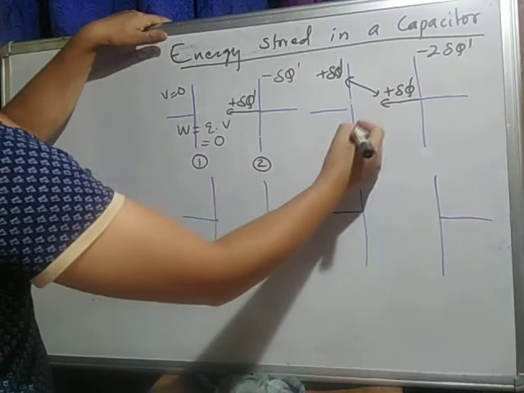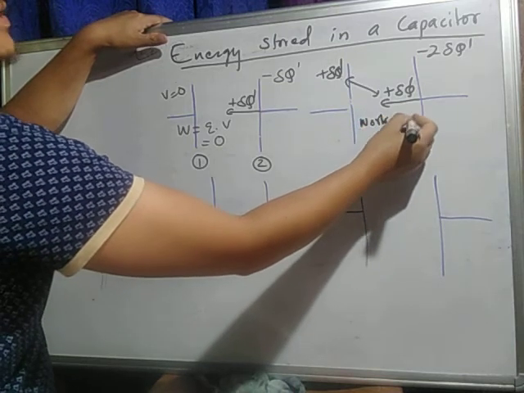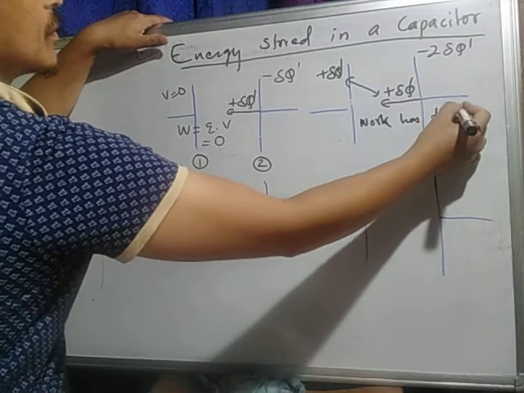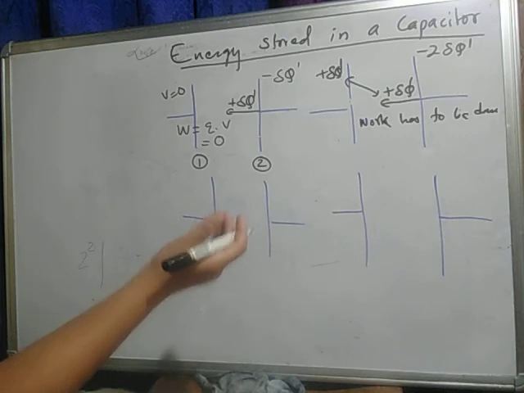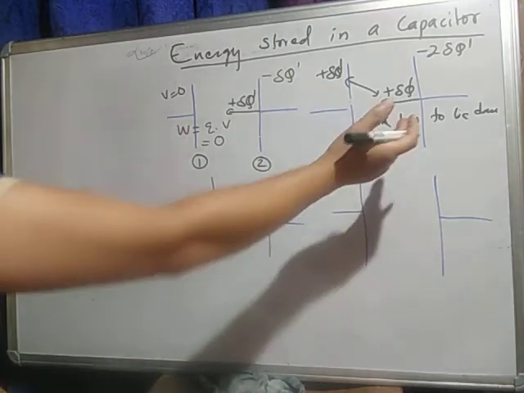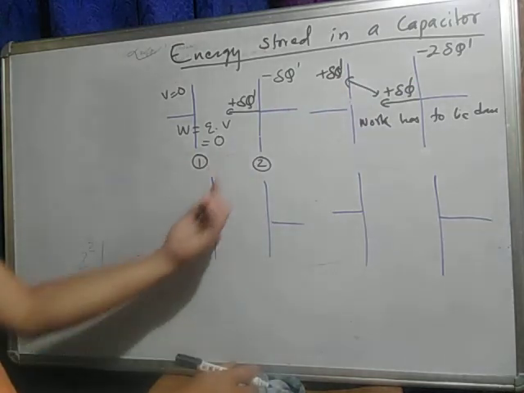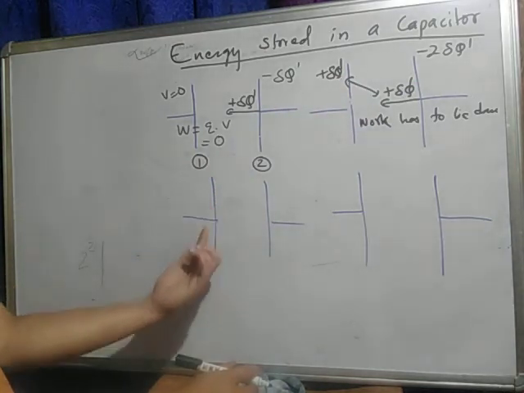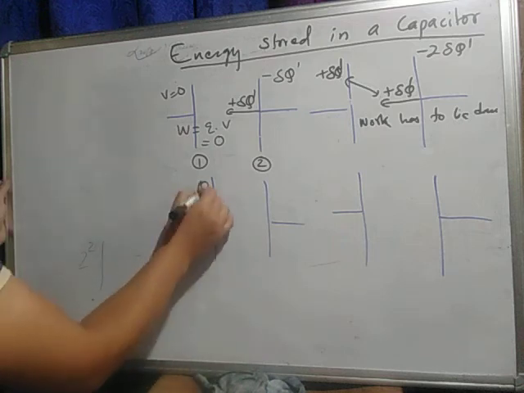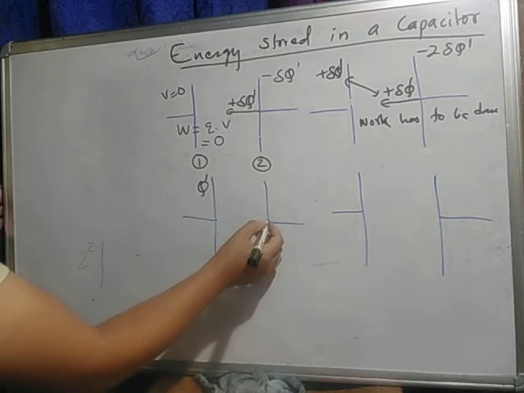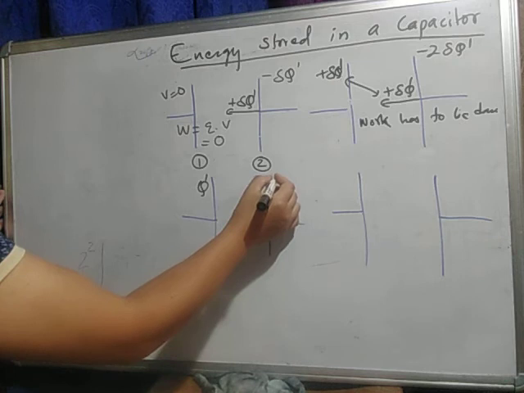So work has to be done by the external field or V. Likewise, if you bring or move charge, and say the charge is q dash, then again if you bring del q dash charge, how much remains?